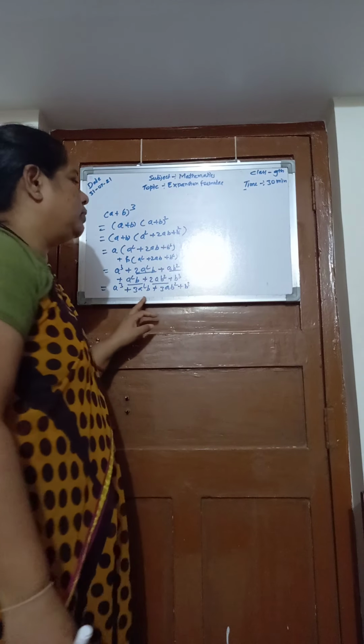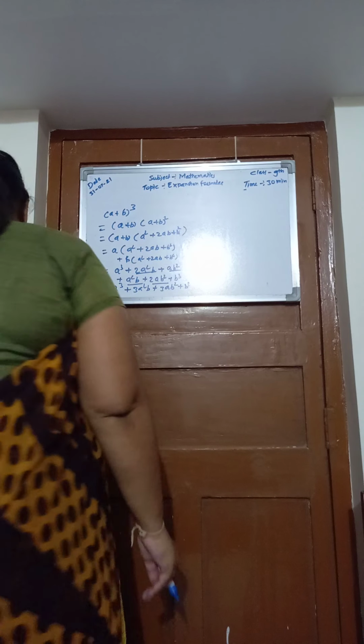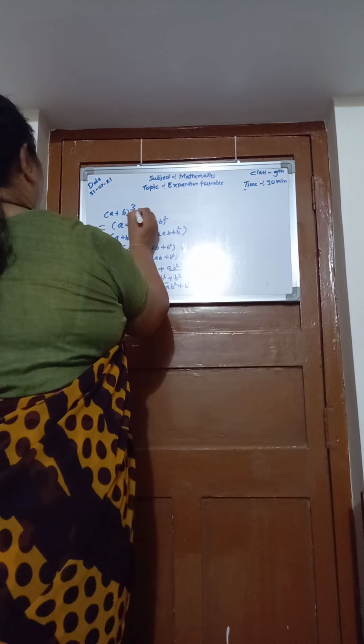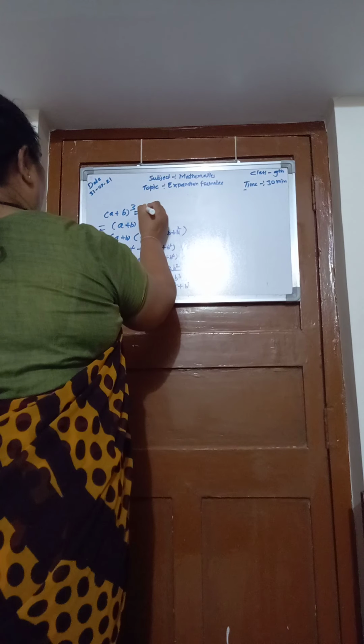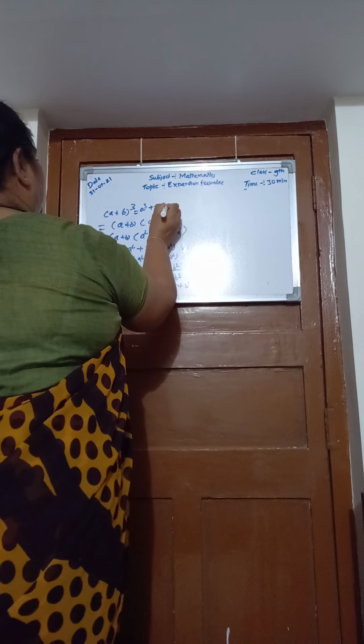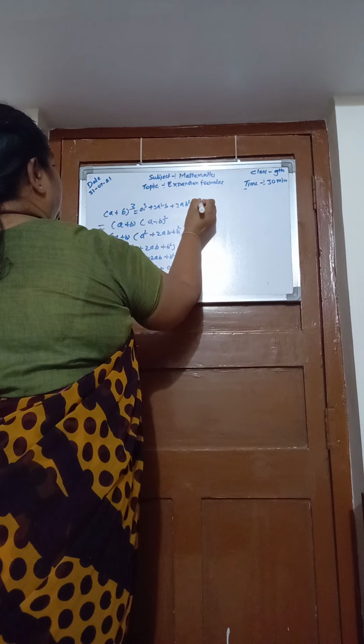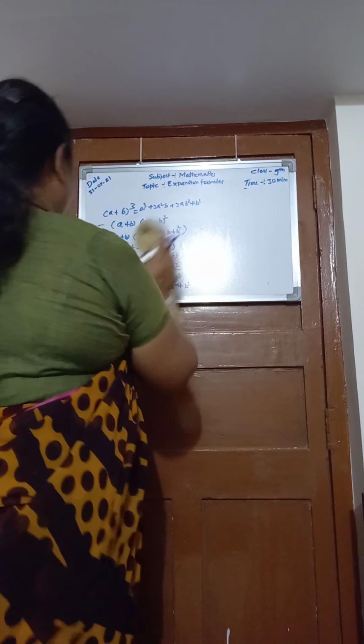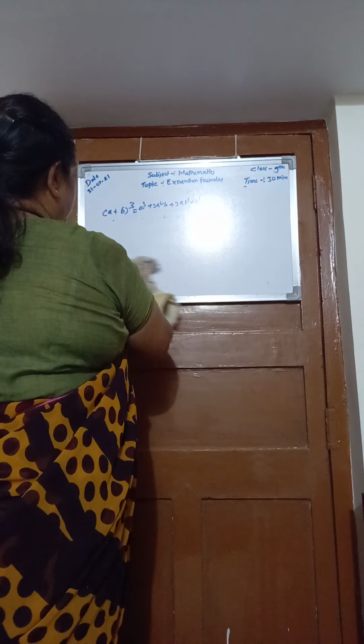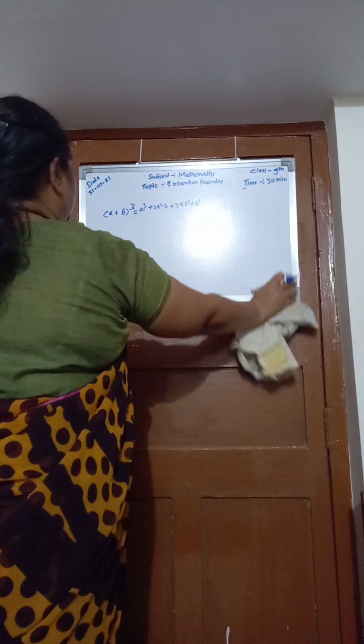This is the main formula. Okay, write down here the main formula: a cube plus 3a square b plus 3ab square plus b cube. Now I am giving you some problems based on this formula. You have to solve it. Okay.